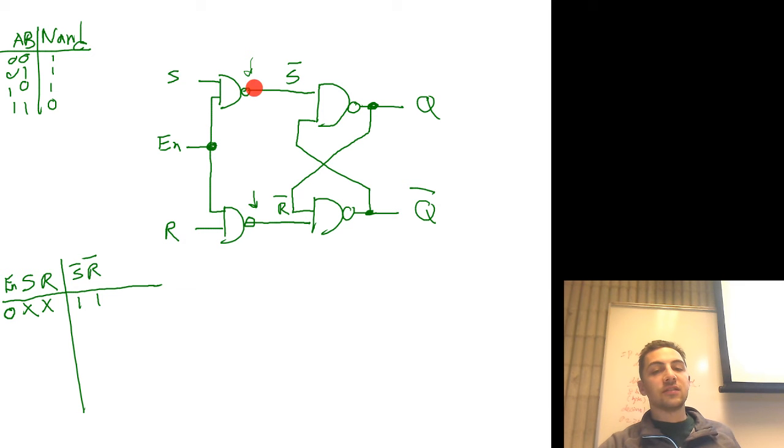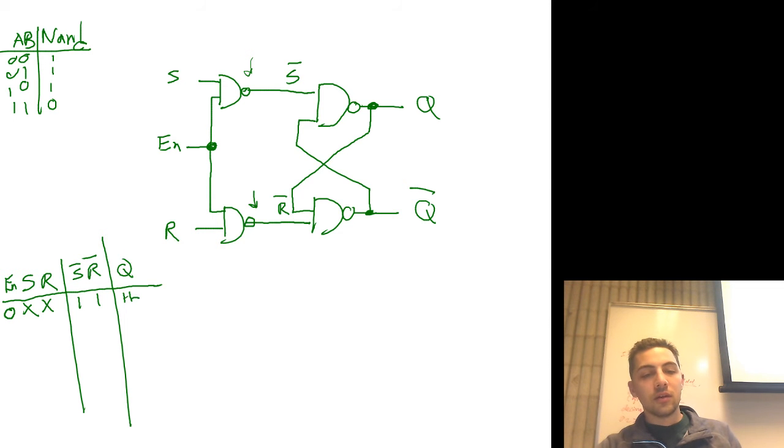So looking at this, when my enable is 0, Q is going to be in a hold state. Now, Q bar will also be in its opposite. But we're in a hold state.